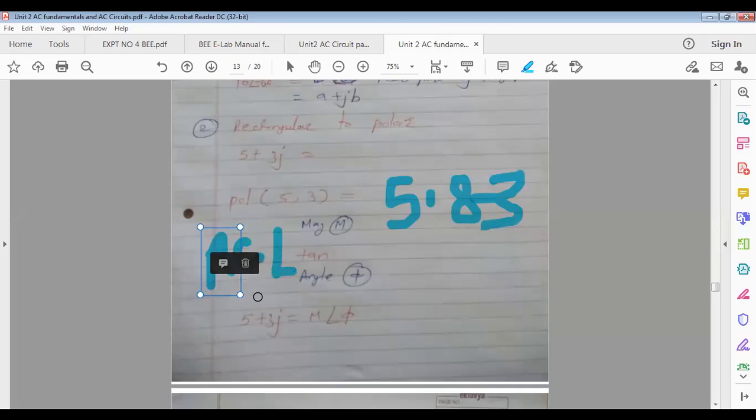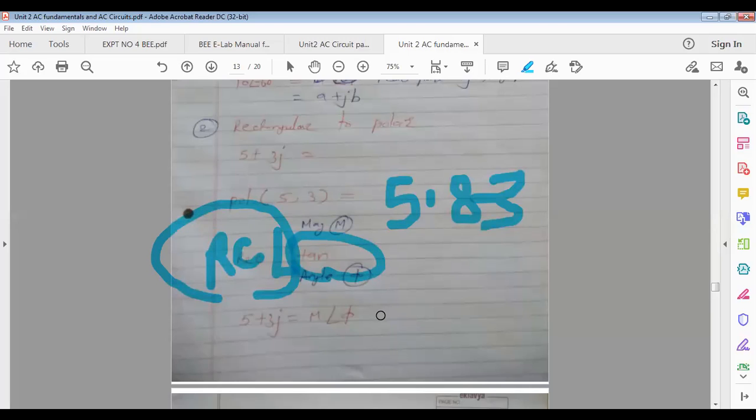Press this button. Press recall tan. So it is displaying plus 30.96 and this is the angle. So what is its conversion? 5.83 at an angle of 30.96 degree is its conversion.